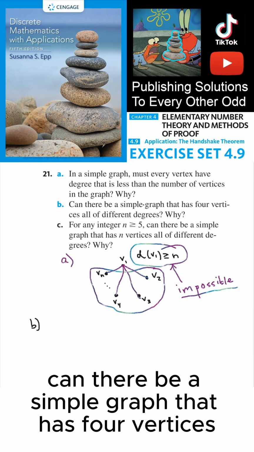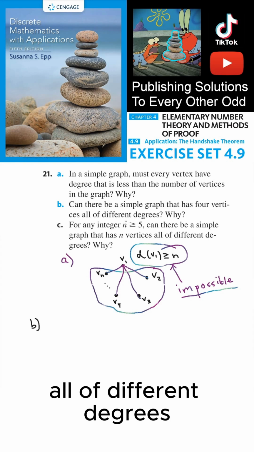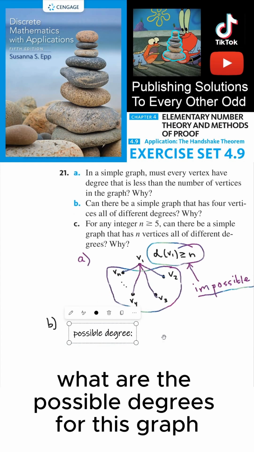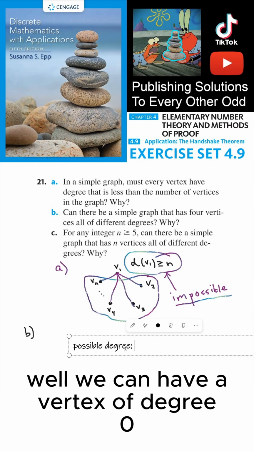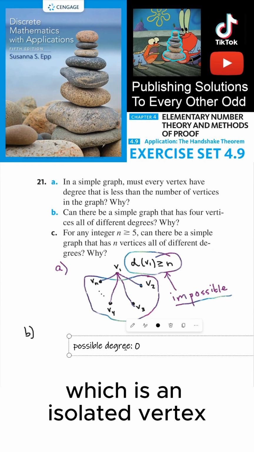Part B, can there be a simple graph that has 4 vertices, all of different degrees? Well, let's consider what are the possible degrees for this graph. We could have a vertex of degree 0, which is an isolated vertex.